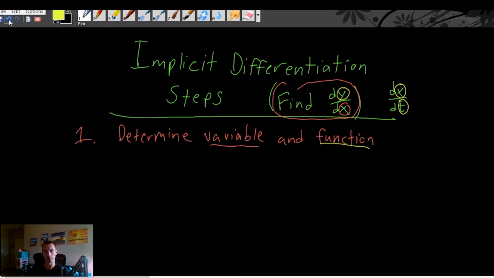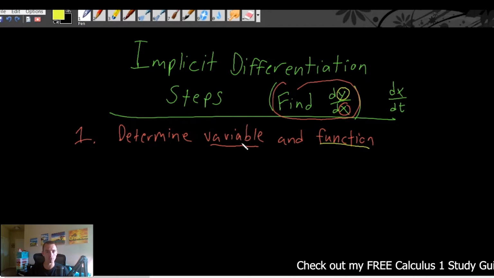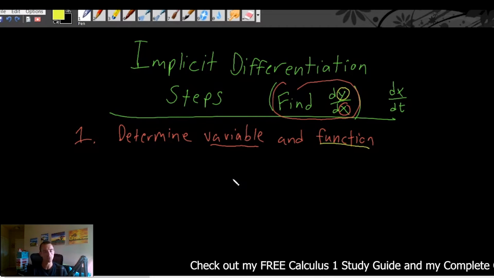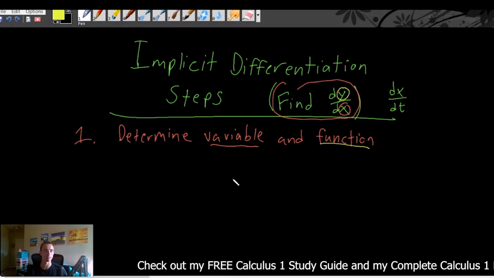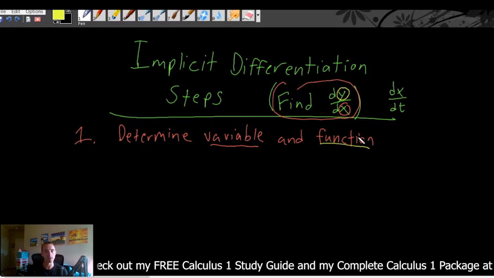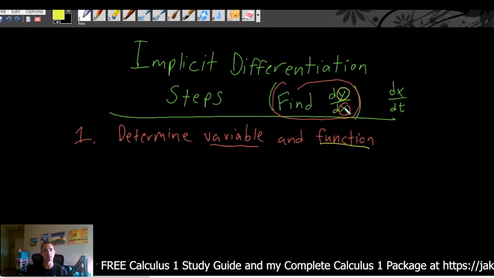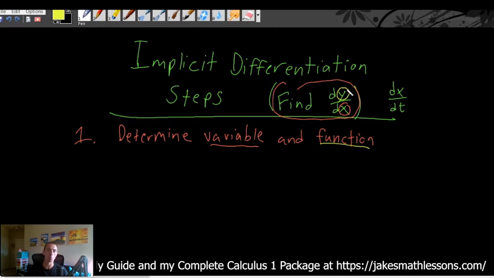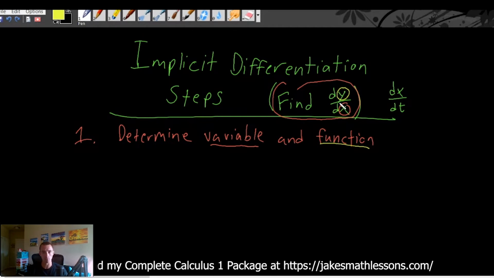Sometimes they may not say find dy/dx or find dx/dt, and you have to use context clues. In that case, you want to figure out what your independent variable is, the variable that you would plug in, your input variable, and that's going to be your variable. And whatever is your dependent or output variable, the output of your function, that is your function. So in this case, x would be the independent input variable, and y would be the dependent output variable.